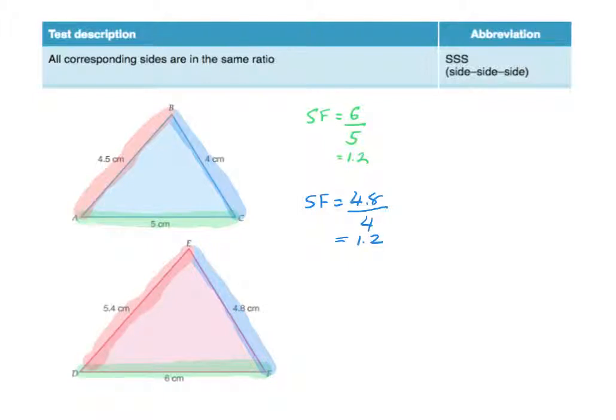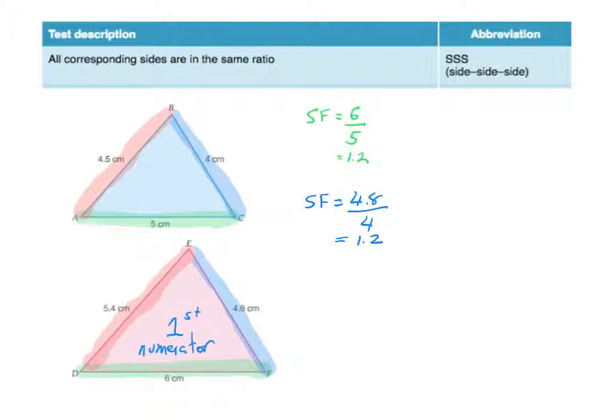Now it's important to remember, because I used the side on the second triangle for my numerator in my first scale factor calculation, I need to always use that second triangle first for the numerator when doing my scale factor calculations. So that's why I use 4.8 as my numerator in the second scale factor calculation.